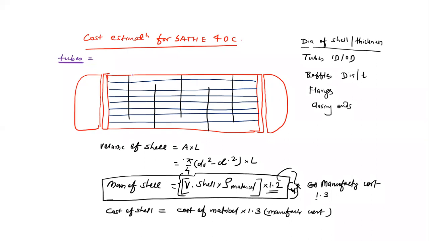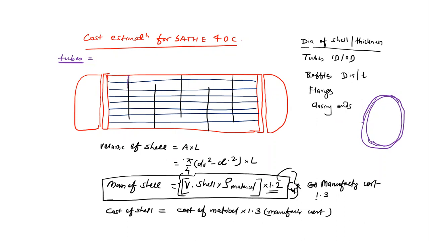So appropriately, you can think of the diameter of flange. Now a flange is a plate with a diameter equal to the diameter of shell, and it will have a thickness. You can consider a circular plate with a thickness as one flange.